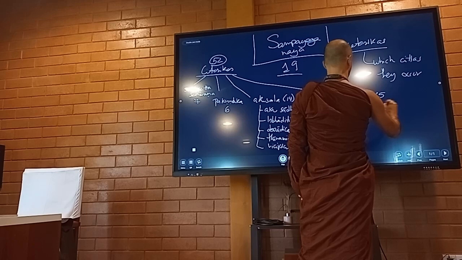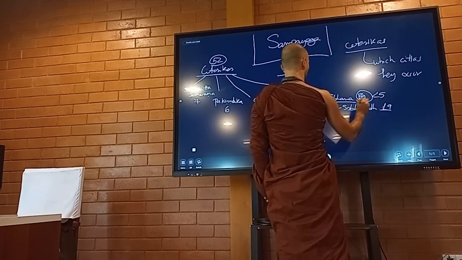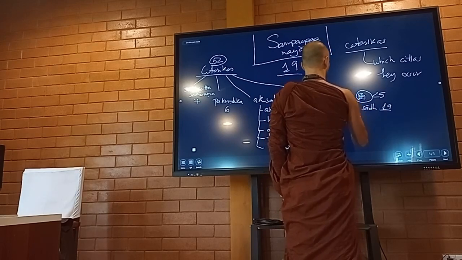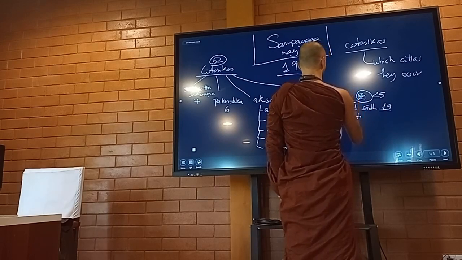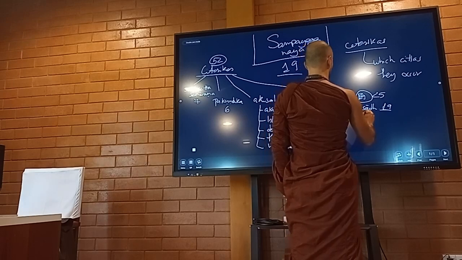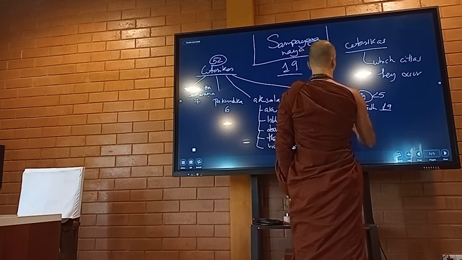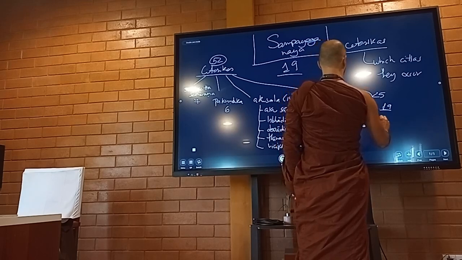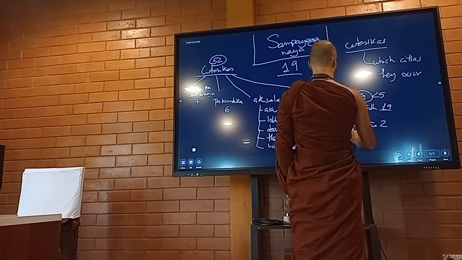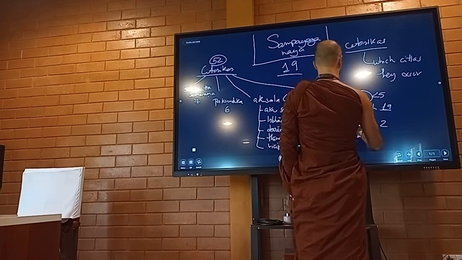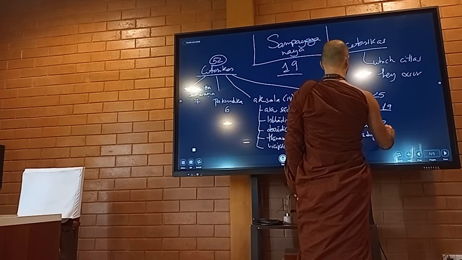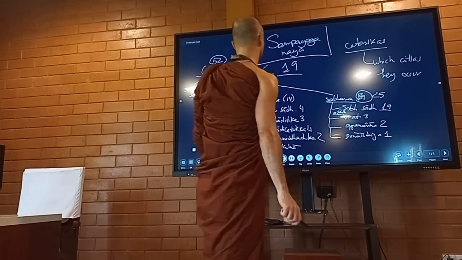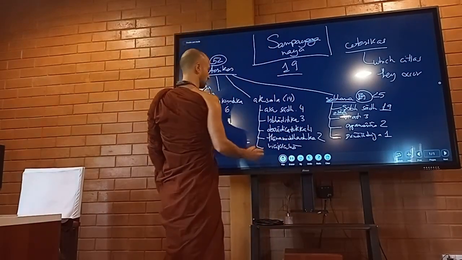And then we have virati, right? Or you could say sohana asadharana here. Asadharana. Virati, 3. And then we have appamanya, 2. And panindriya, by itself.